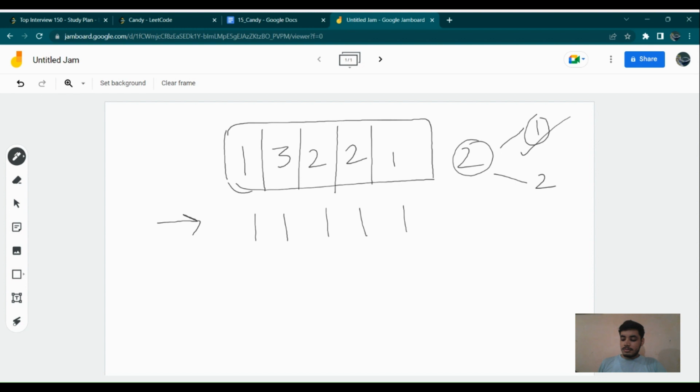Now we have to think of the second condition, and what it is saying is that if a child has a rating higher than its neighbor, then it must have a higher number of candies. This is the only condition it wants. It wants to check for every child. It wants to satisfy that.